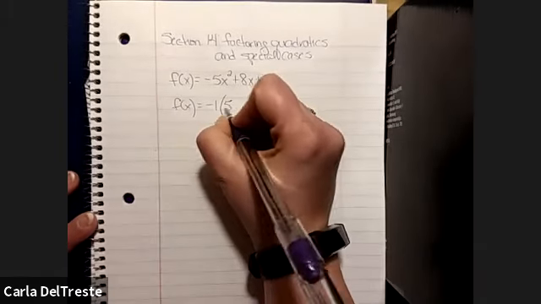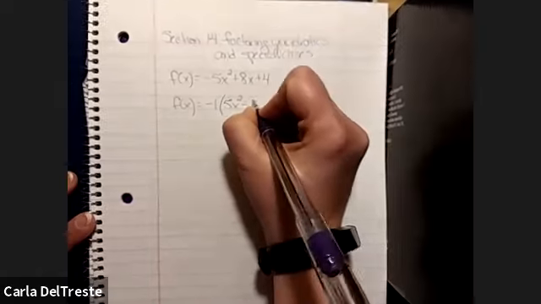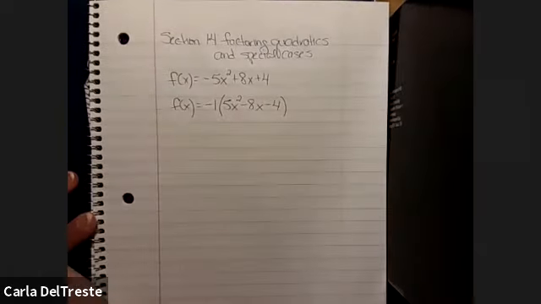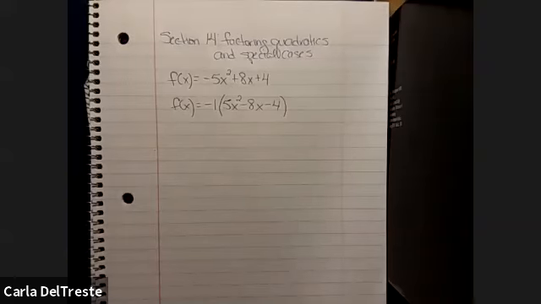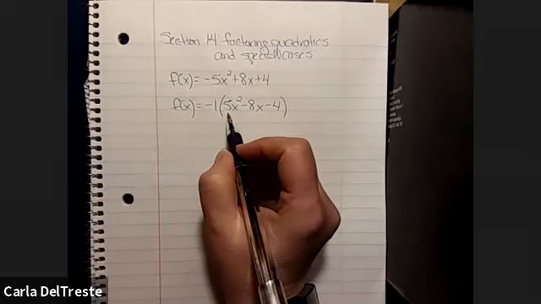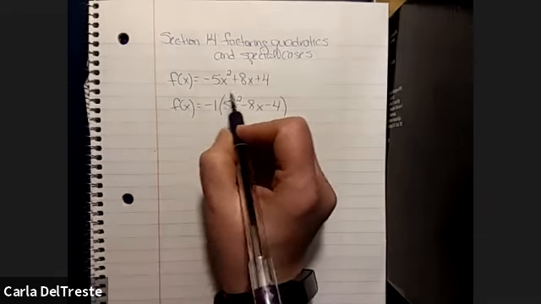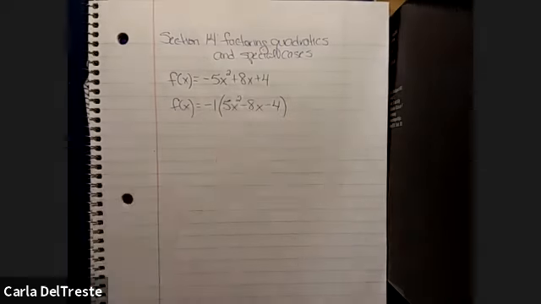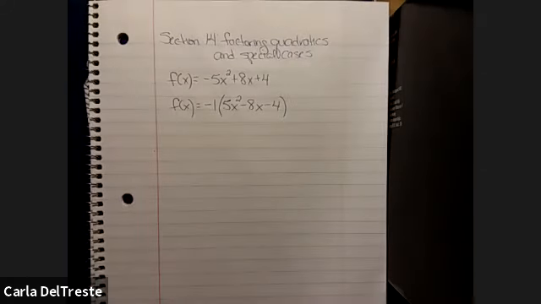That's going to leave us with 5x squared minus 8x minus 4, because all the signs will change since I'm taking out a -1. You are always able to pause here and redistribute the -1 to make sure that you have all the signs correct and you get the same function back.